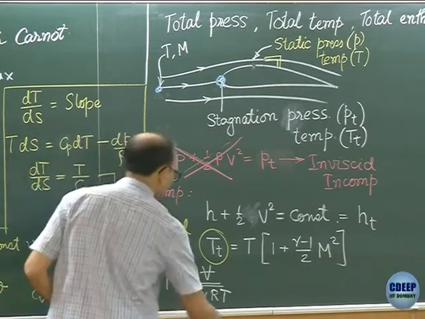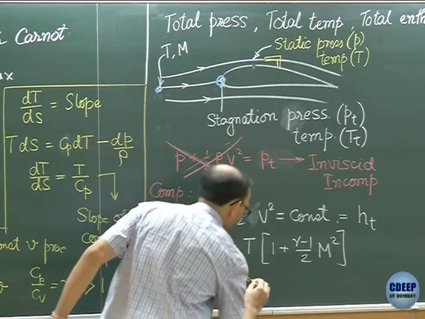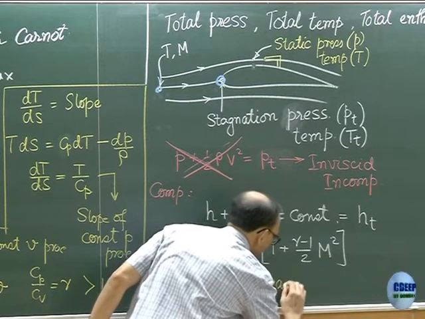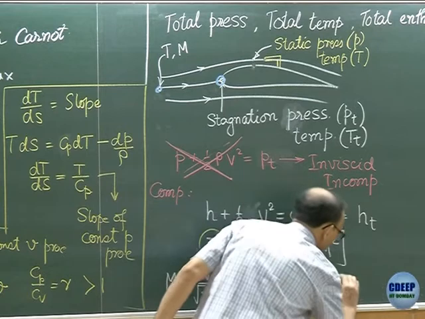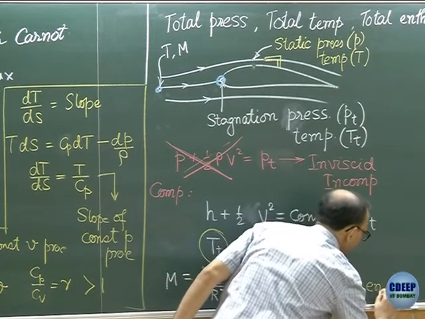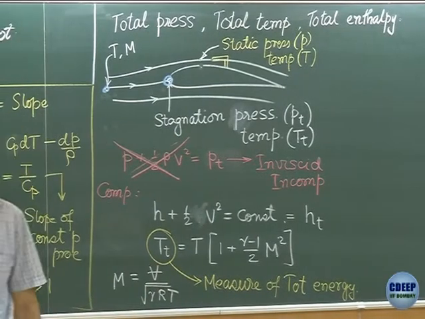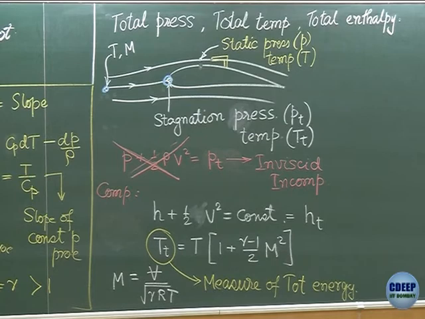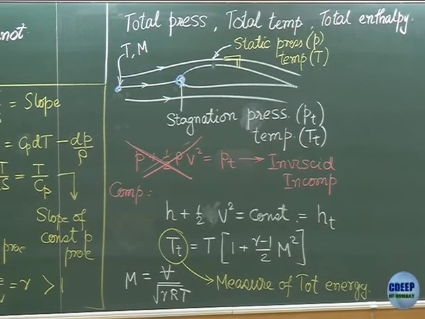Let's write it a little bit more clearly, because this is one of the most crucial concepts which I like to emphasize. It's a measure of total energy in the flow. We'll leave it at this and come back to it in a few minutes if we have time.